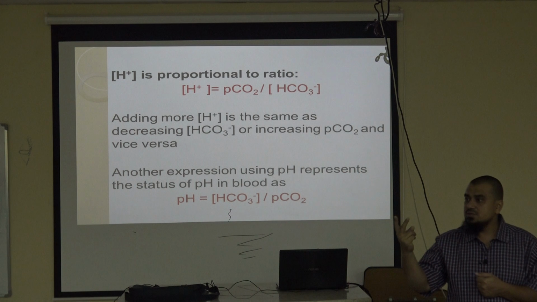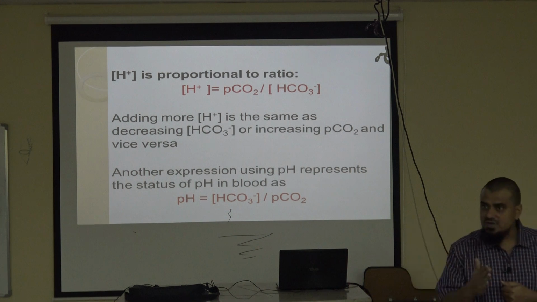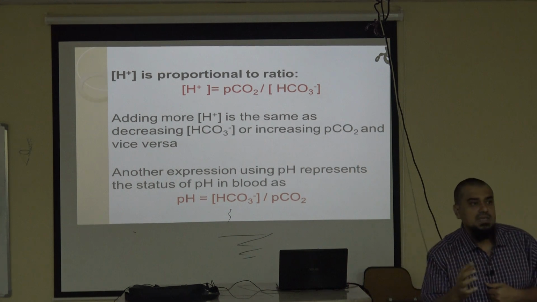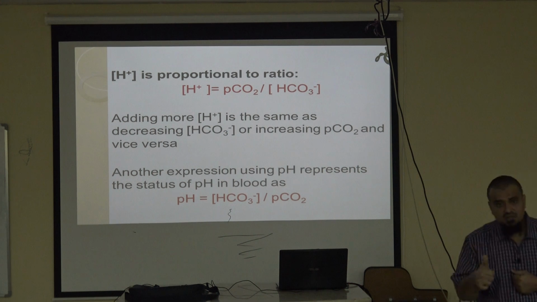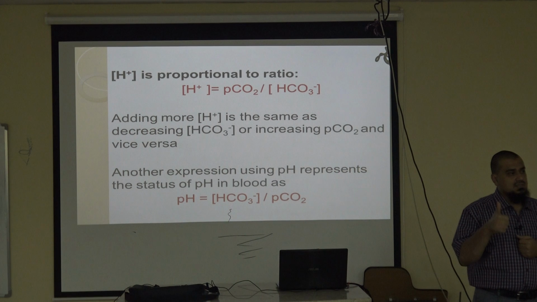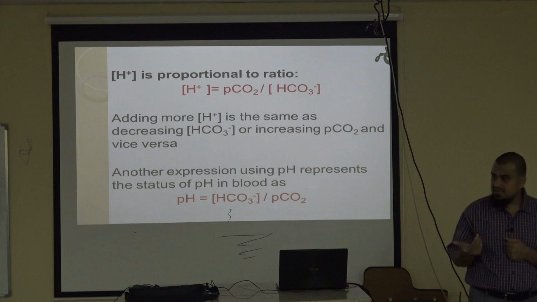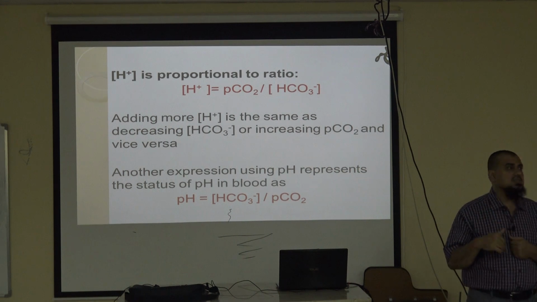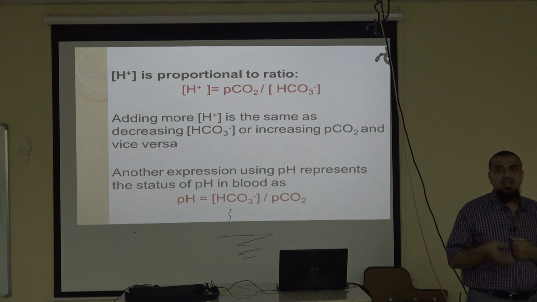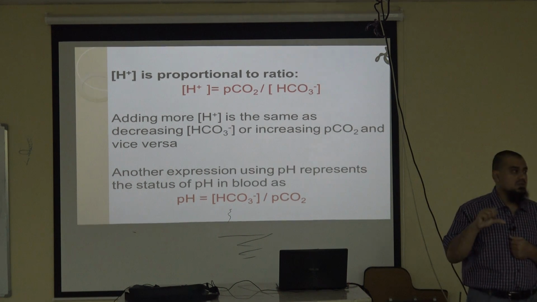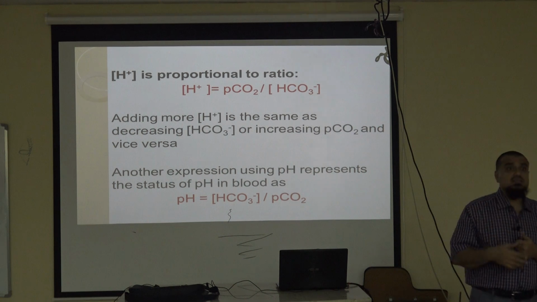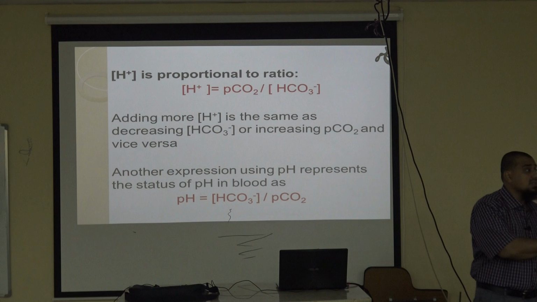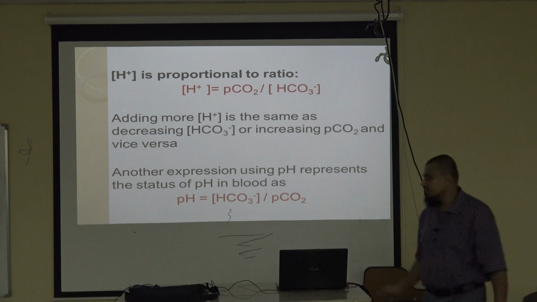So there are two things from now onwards that will reflect the pH changes: one is carbon dioxide and the other is bicarbonate. Because as a result of metabolism you generate acids, and this acid is neutralized by the bicarbonate, the concentration of bicarbonate in the blood decreases, which reflects that acidosis is happening in the blood.